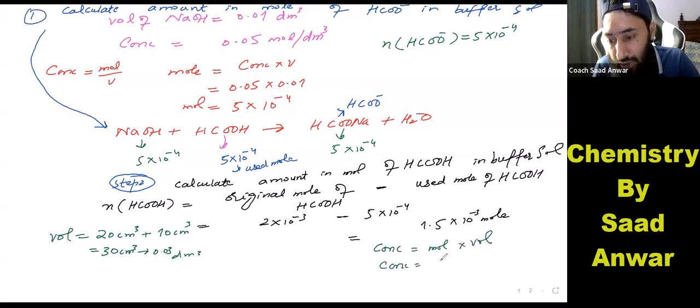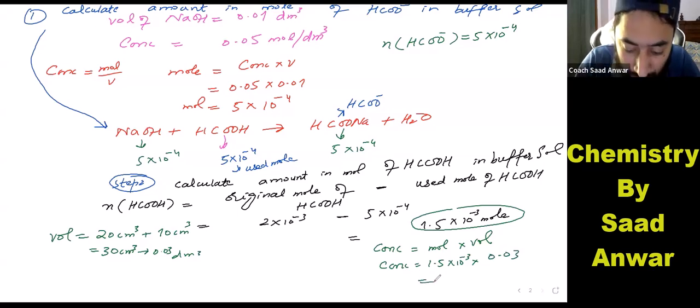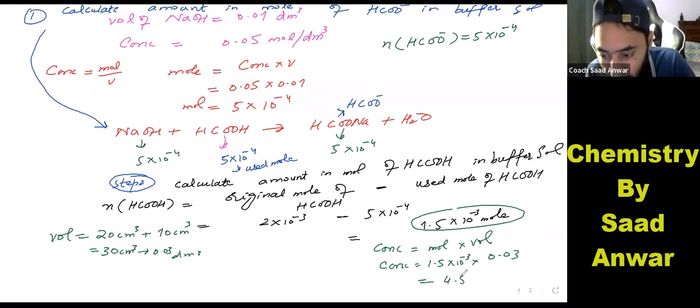So mole is the leftover moles of formic acid, volume of solution is 0.03. So concentration will be 4.5 times 10 raised to power minus 5 moles per cubic decimeter. This is the concentration of formic acid.